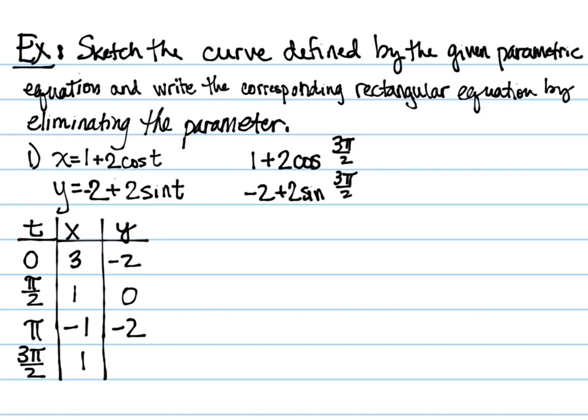So now I have negative 2 plus a negative 2, it would be negative 4. And then just for kicks and giggles, we're going to try it for 2 pi. And what's going to happen when I put 2 pi in? Yeah, I'm going to get right back to where I began, right? At 3, negative 2.